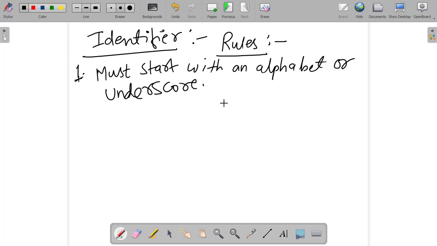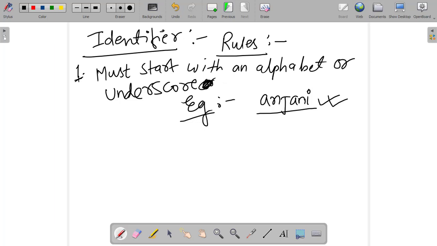Suppose my name is Anjani. If I want to specify something for Anjani, I can write Anjani. It is applicable in programming also, because an identifier consists of alphabets, underscore or numbers. It contains numbers also: Anjani1, Anjani12, Anjani123 and so on.